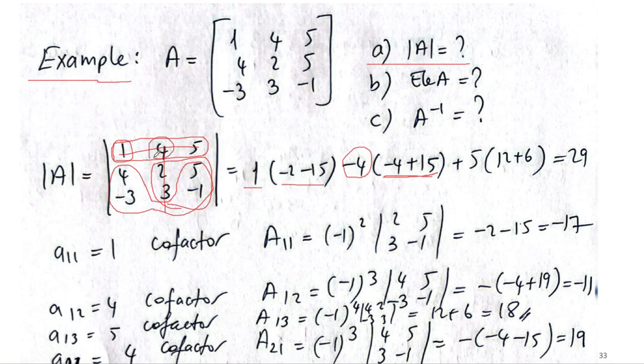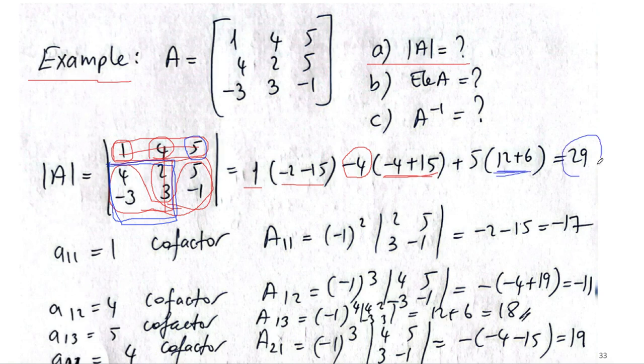That's the coefficient. And then the third one, now you will need to look at the, so let me use another color. Okay, so for this 5, now you need to take this submatrix, whose determinant can be calculated as 4 times 3, 12 plus 6, that's 18 times 5.